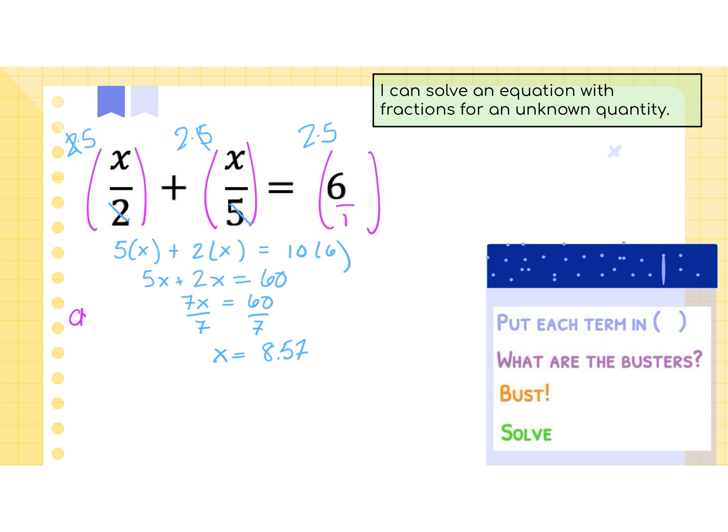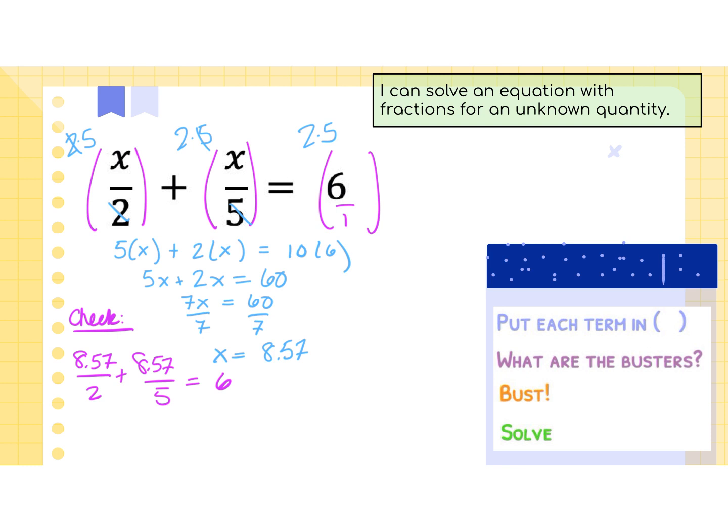So if we check this, we have 8.57 divided by 2 plus 8.57 divided by 5 equals 6. So what I want you to do is 8.57 divided by 2.